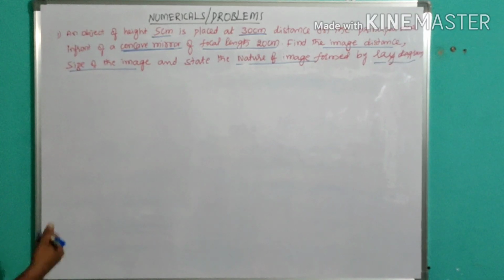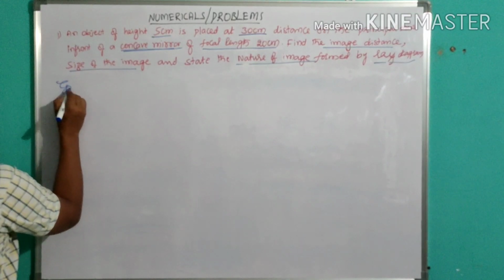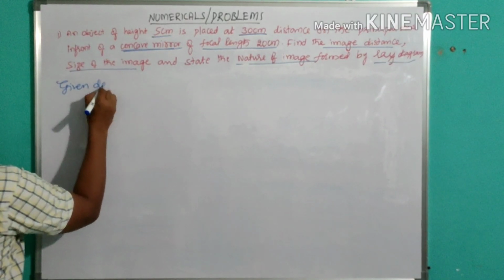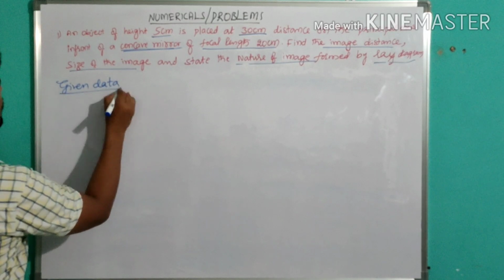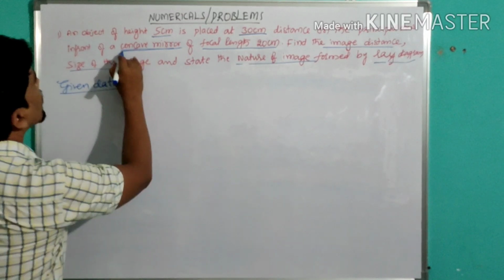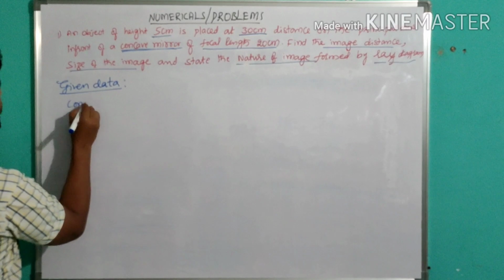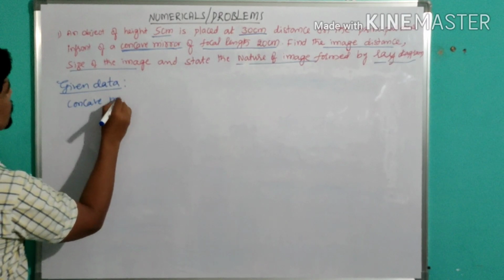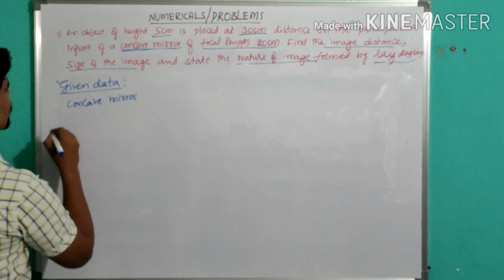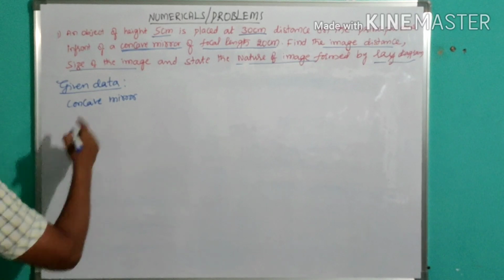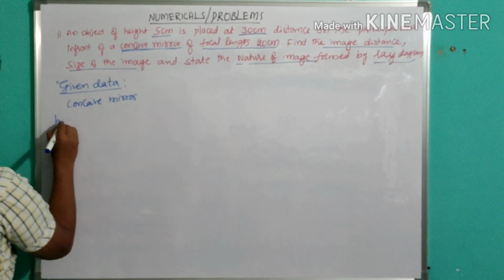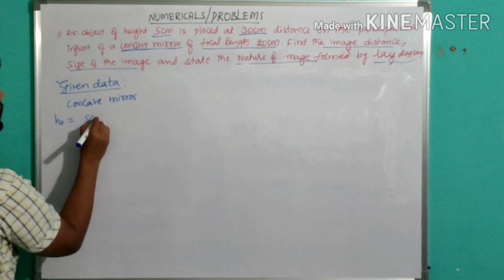First write the given data. It is a concave mirror, so write concave mirror. Next, height of the object given, HO is 5 centimeters.